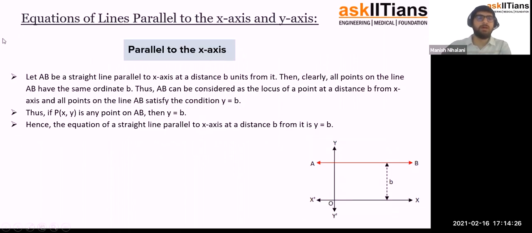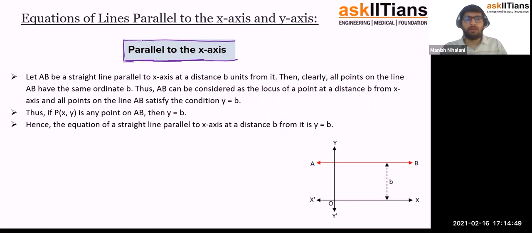Now we have to talk about equations of lines which are parallel to the x-axis and y-axis. So for the first case, let's consider equations of lines which are parallel to the x-axis. First of all, we need to understand that the x-axis is obviously the horizontal axis.